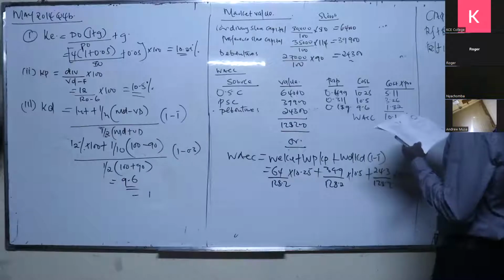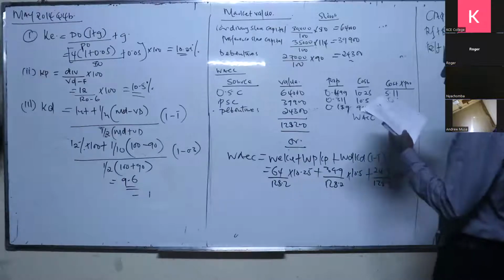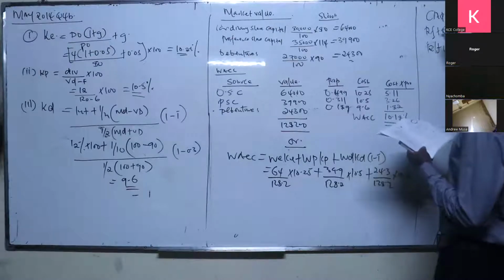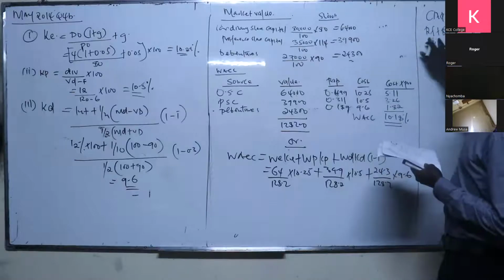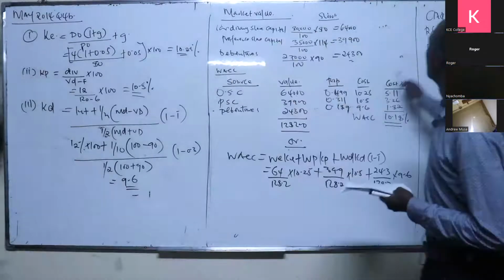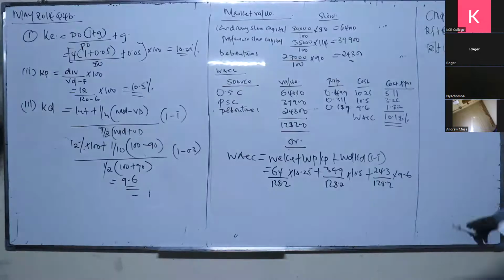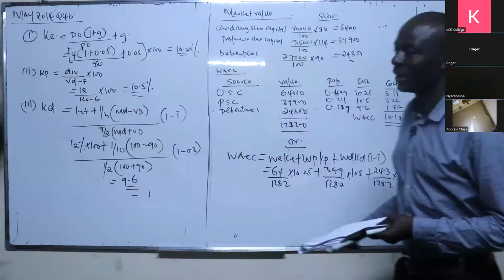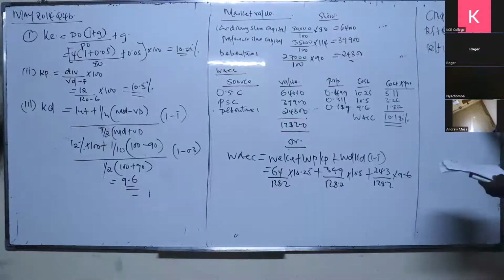I think this one should be the opposite: RM minus RF. So RM is how much? 14 minus 12. So this is the formula. In case it appears and you don't have these other variables that you can use to compute the cost of equity, you can just use this formula. If you use this one, you don't also use the other one. You can use one. So now when you do that computation, what do you get?